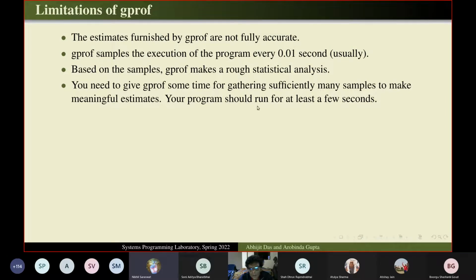So your program should run for at least a few seconds, I would say 10 seconds or a little more. At least 5 to 10 seconds is the minimum. If your program runs for less than this, the profiler is not expected to give you a reasonable or meaningful estimate.